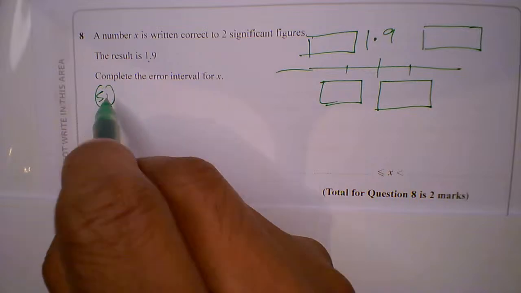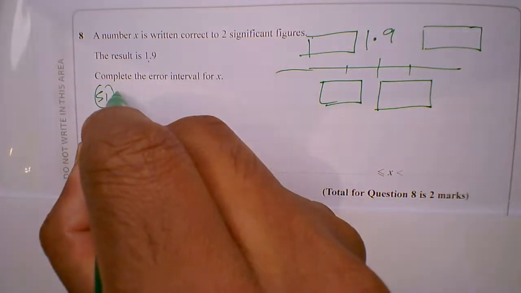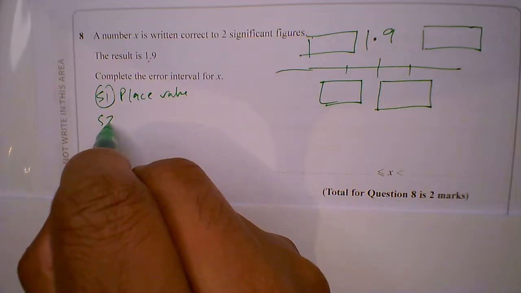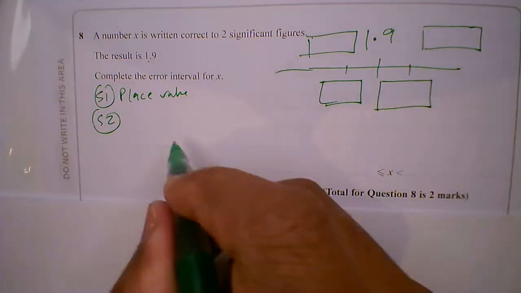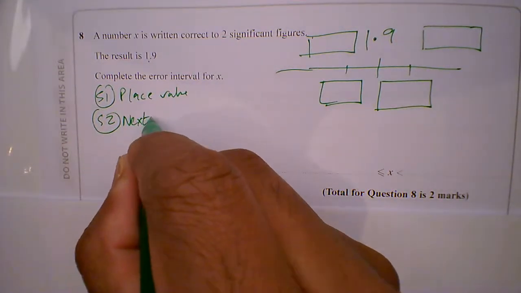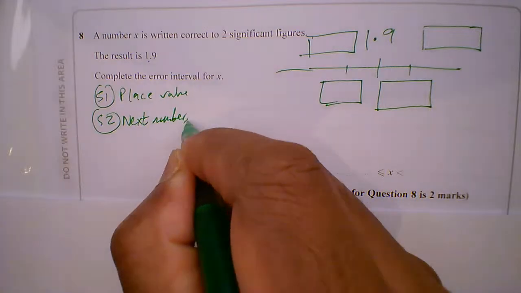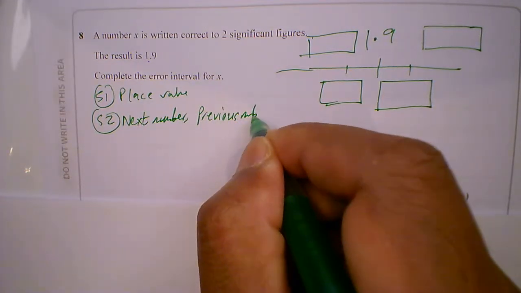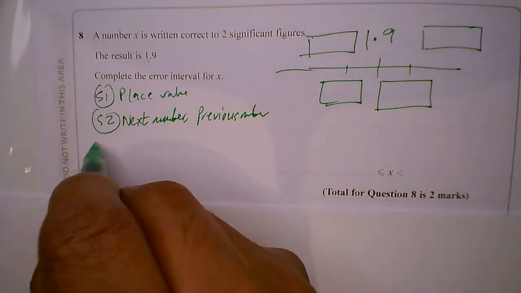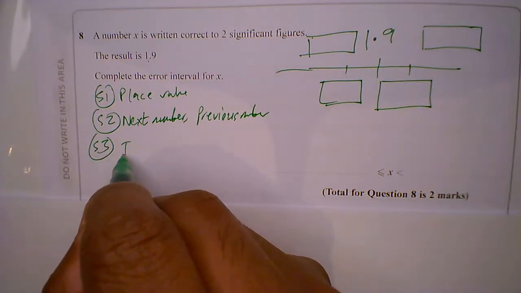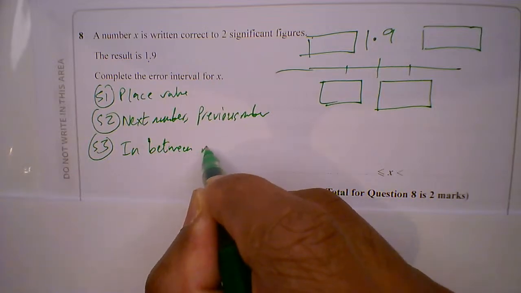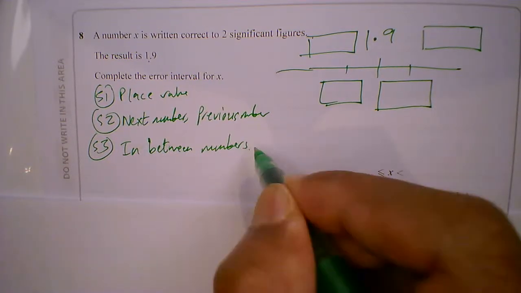Okay, so step 1 is we look at the place value. Step 2 is what's the next number, then the previous number. And then step 3, in between numbers, or their midpoints if you like.